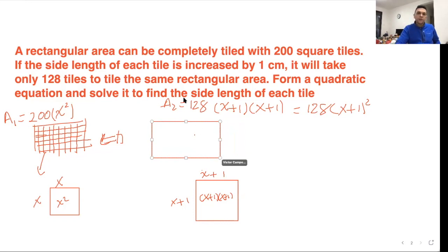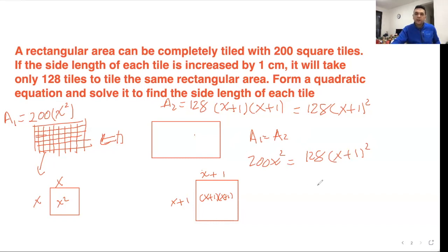So we can set these two equations equal to each other. a sub 1 equals a sub 2, which is the same as 200x squared equals 128 times x plus 1 squared. So I have to isolate my x and find the value for x.